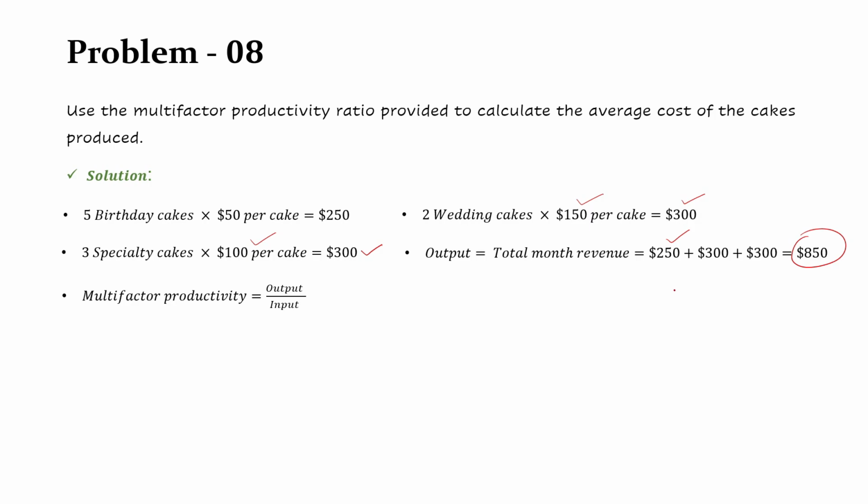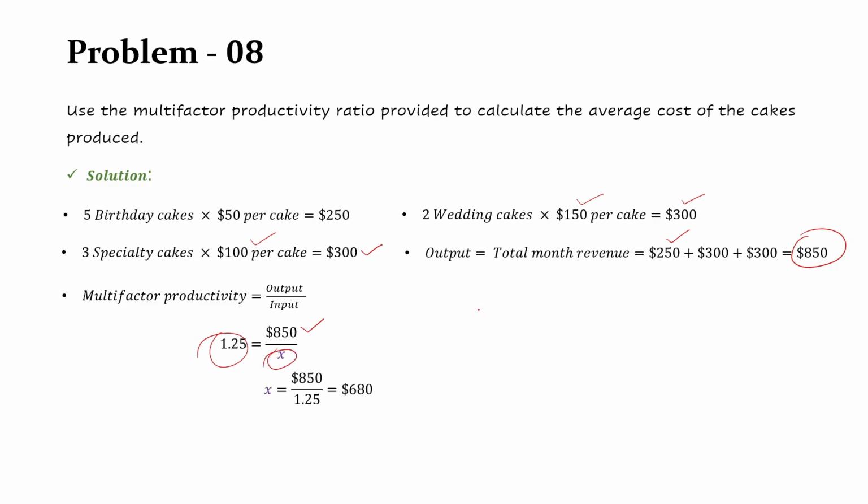Now we know that multi-factor productivity is equal to output over input. We know that we have the value of multi-factor productivity as 1.25. We know the value of our output, which we just calculated, that is equal to $850. We are required to calculate the value of input, which we call X in this case.